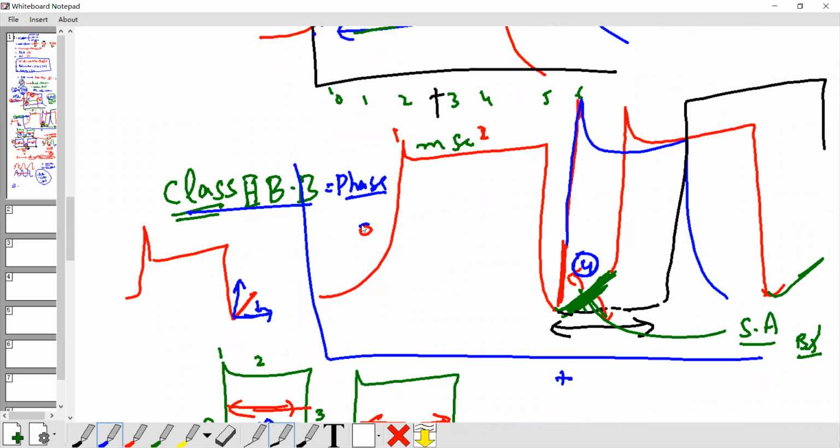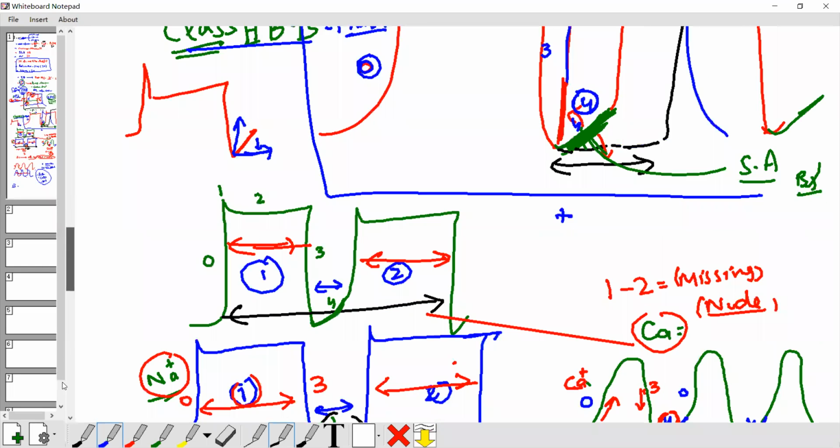Phase 0 is blocked by a sodium channel blocker. Phase 4, which drug? Just now we finished: beta blocker.